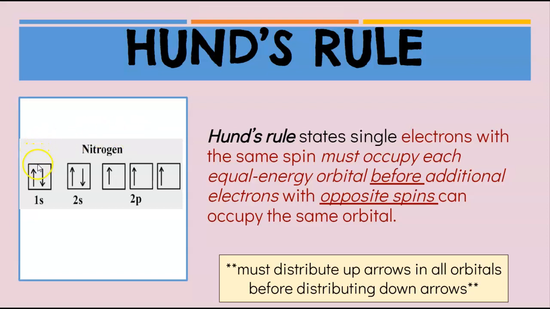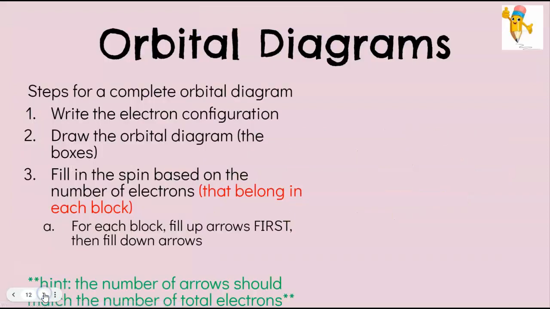We always add the upward arrow to the box, then go back and fill with the down arrow, okay? When you get to a sublevel with more than 1 box, you have to fill in each box before you can go back with your opposite arrow, okay? We'll do some examples, but this will definitely make more sense when we start to do these ourselves, okay?